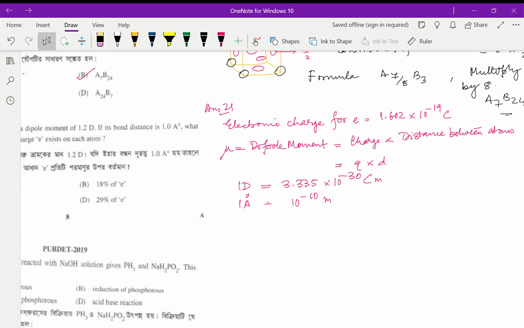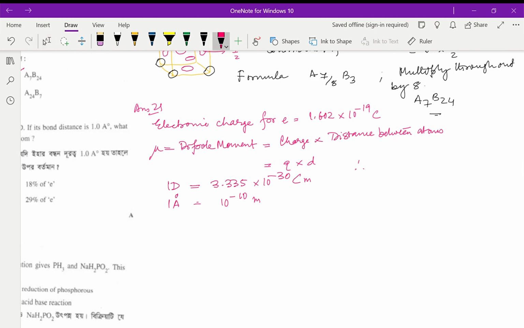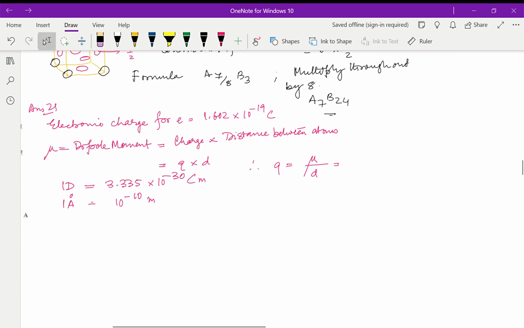Now we have to find out Q, so Q is nothing but mu by d. If you do the math, it is 1.2 D into 3.335 into 10 to the power minus 30 coulomb meter divided by 10 to the power minus 10 meter.